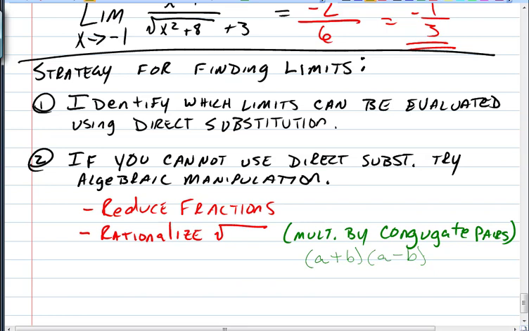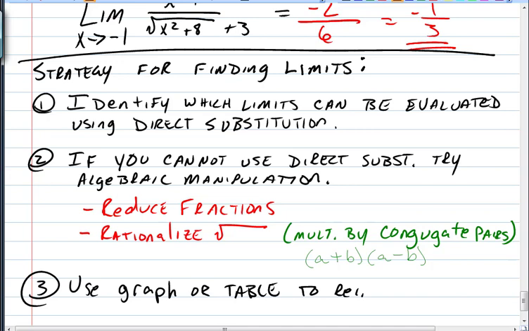Okay. All right. And then, if all else fails, this is the toughest to get the exact answer, but use a graph or a table. That should be a P, not a B. All right, when we got that answer of 2 square roots of 2 for that limit, you wouldn't have gotten that exact value looking at a graph.